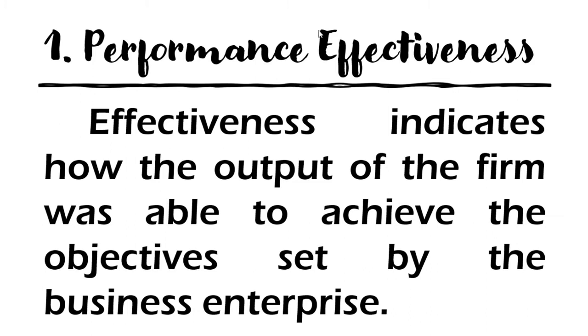So, dito mini-measure natin yung effectiveness ng isang business kung na-achieve ba yung mga output or yung objectives ng isang firm. Okay? Syempre, once na na-achieve ang objective ng isang firm, nagiging effective siya, kasi na-achieve niya yung mga objectives na sineset niya.